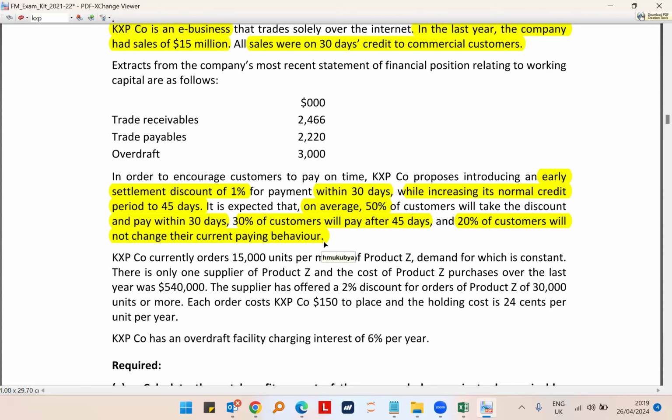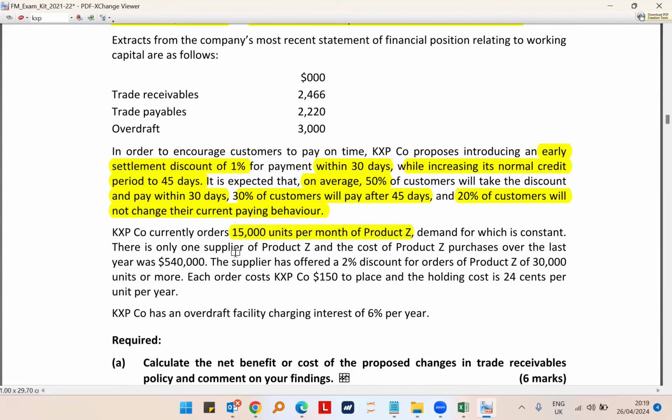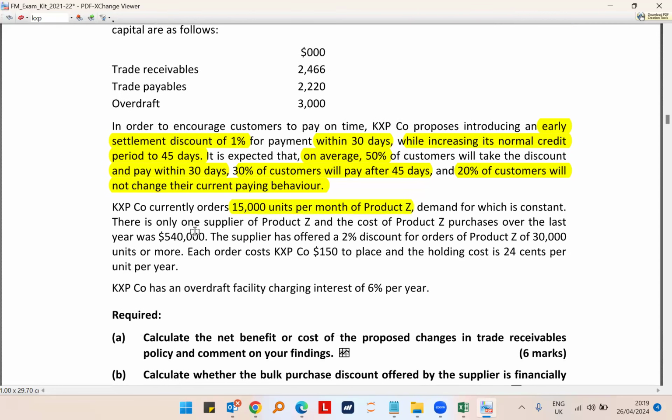If you continue, right now we order 15,000 units per month of product Z, demand for which is constant. There is one supplier of product Z, and the cost of product Z purchases over the last year was 540,000.